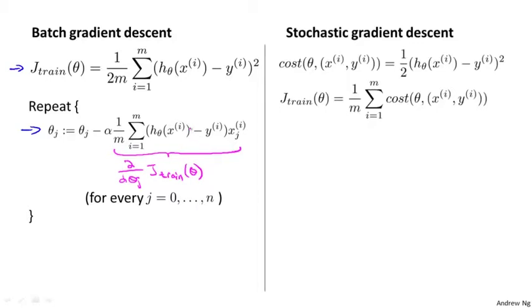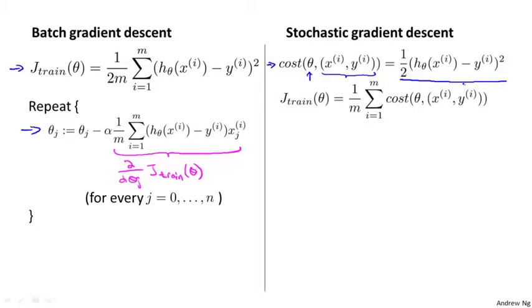In order to work out the algorithm, which is called stochastic gradient descent, let's write out the cost function in a slightly different way. We're going to define the cost of a parameter theta with respect to a training example (x^i, y^i) to be equal to 1/2 times the squared error that my hypothesis incurs on that example (x^i, y^i). So this cost function term really measures how well my hypothesis is doing on a single example (x^i, y^i).